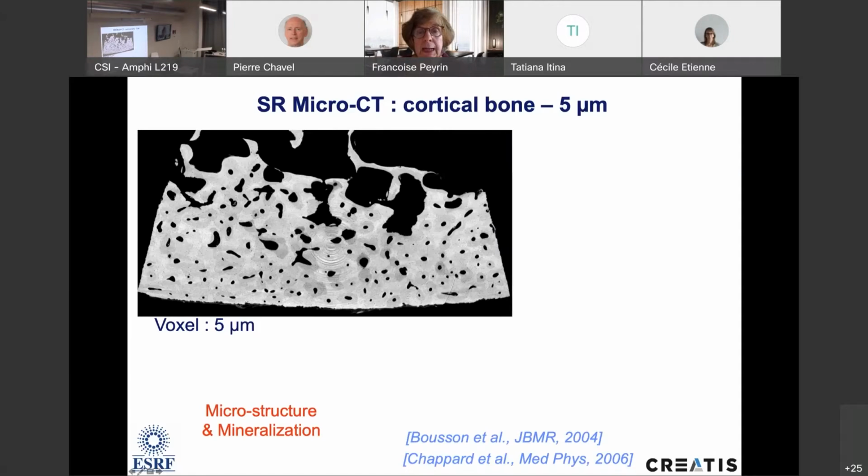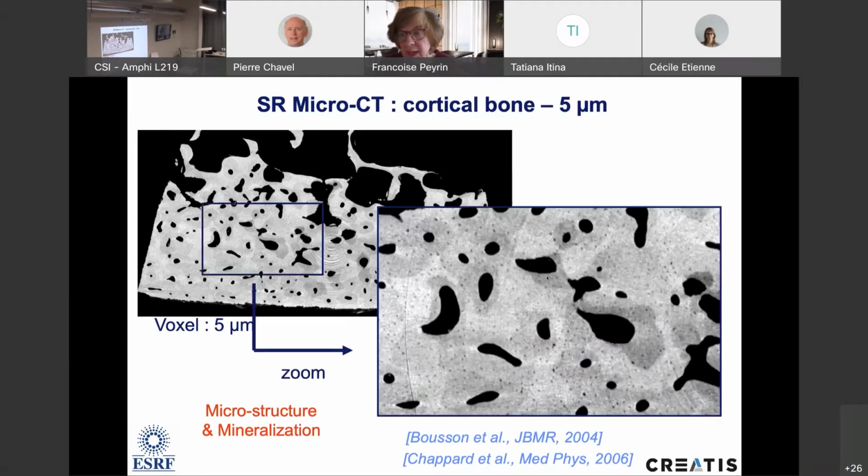And around the pores, you have something that is dark gray, which corresponds to what is known in biology as the osteon of the bone, and you have lighter gray here that is known as interstitial bone, and the lighter gray bone is more mineralized. So you can really have a quantitative analysis of the bone.